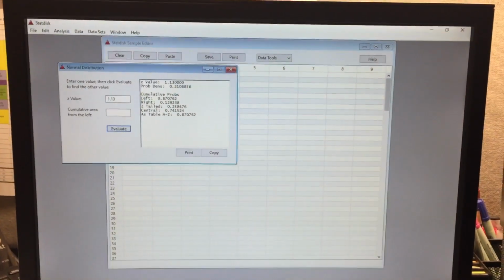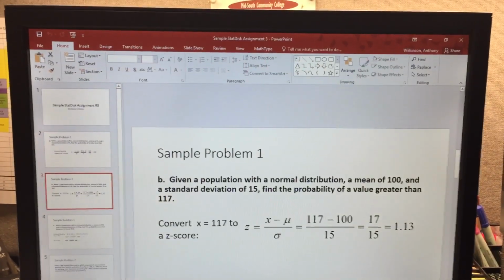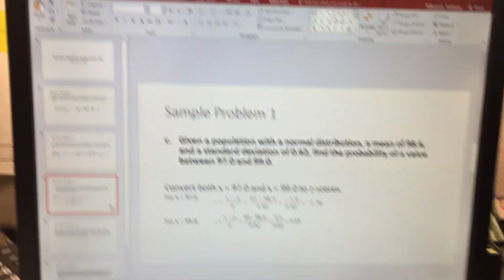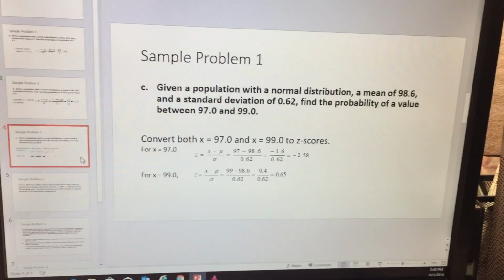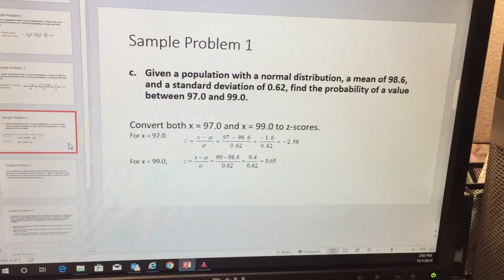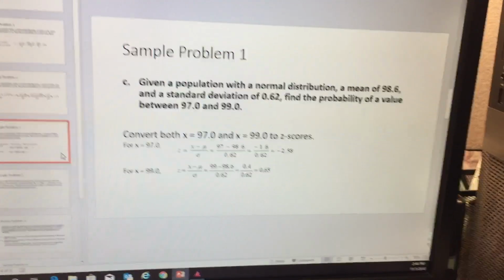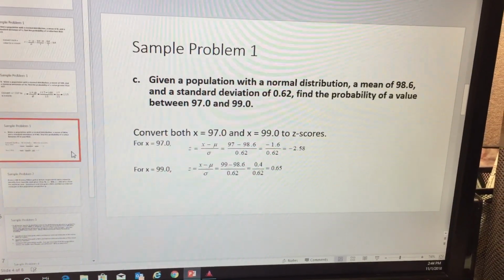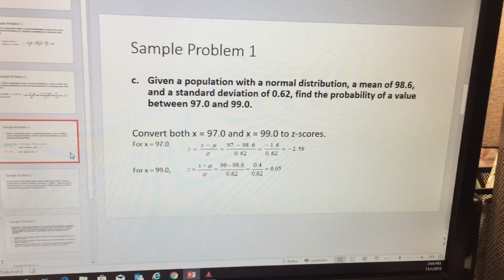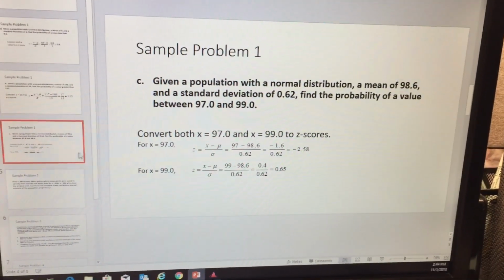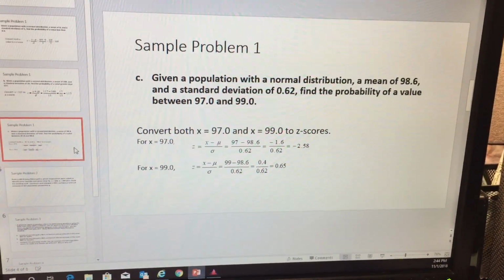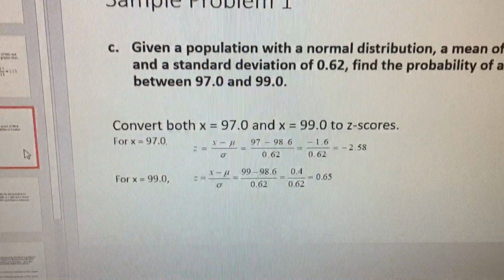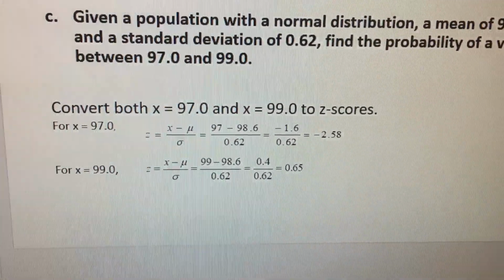Okay, now I'm going to go back to this one. Here's part C. Given a population with a normal distribution, a mean of 98.6 and a standard deviation of 0.62. Find the probability of a value between 97 and 99. Now in this case here we need to convert 97 and 99 to z-scores.